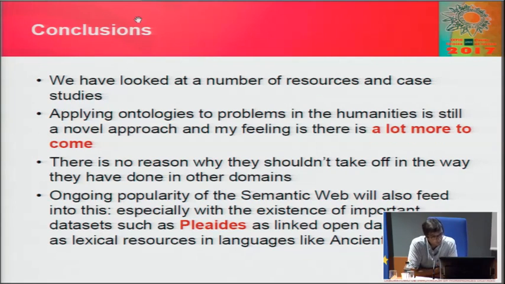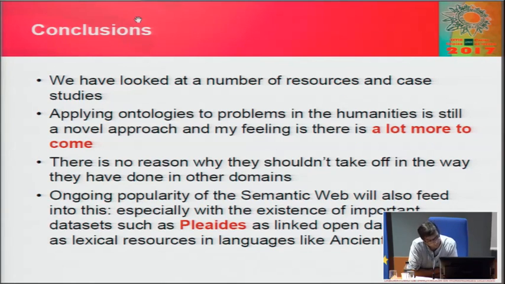For instance, I think the ongoing popularity of the semantic web is probably going to feed into the popularity of ontologies in the humanities, especially the fact that there now exist several important data sets on the semantic web, such as famously Pleiades.